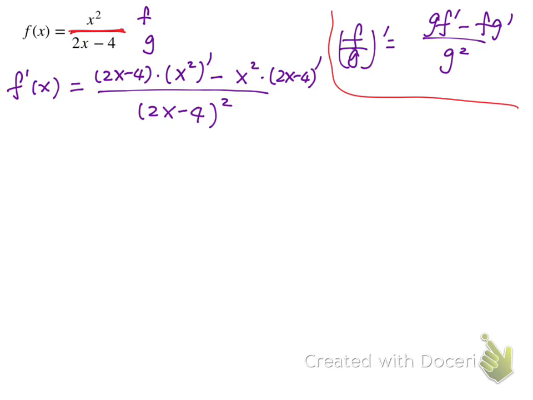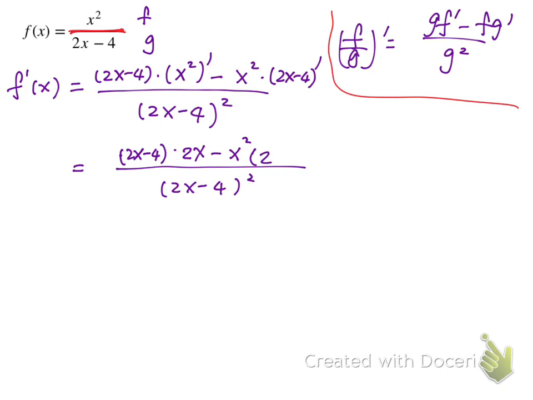Okay. Then the denominator is just a perfect square. I'm not going to do anything at this moment. And on the numerator, I'm going to deal with the two derivatives. 2x minus 4 times x squared, taking derivative to 2x, minus x squared. Then my 2x minus 4 taking derivative, 2x taking derivative is 2.